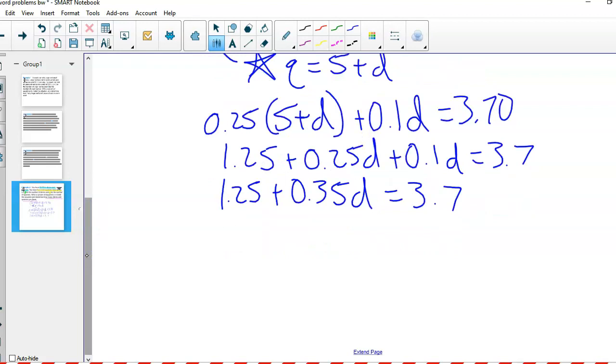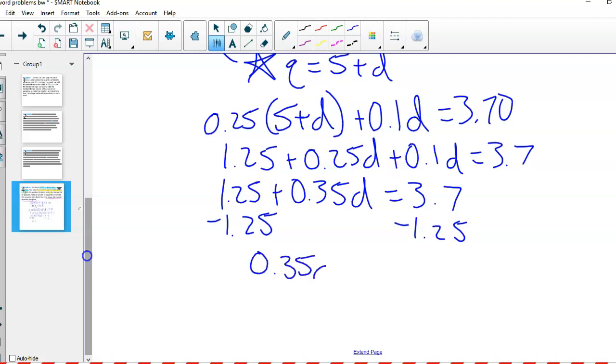Okay, then subtract 1.25 on both sides. What is 3.7 minus 1.25? You're close.